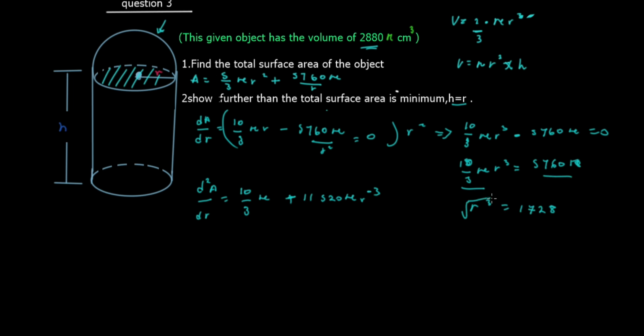Now you can take the cube root of both sides. And the answer for r is 12.